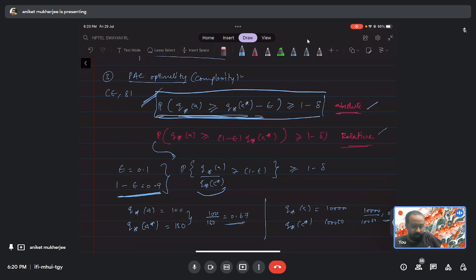So what is the probability that I go epsilon close to my true value? The delta gives you the probability. Okay. So delta is a parameter which is between 0 and 1.